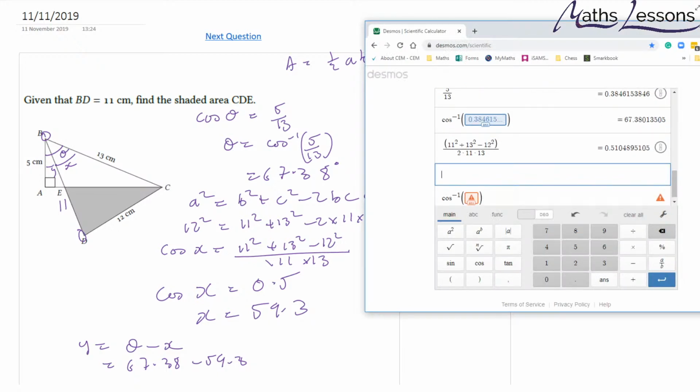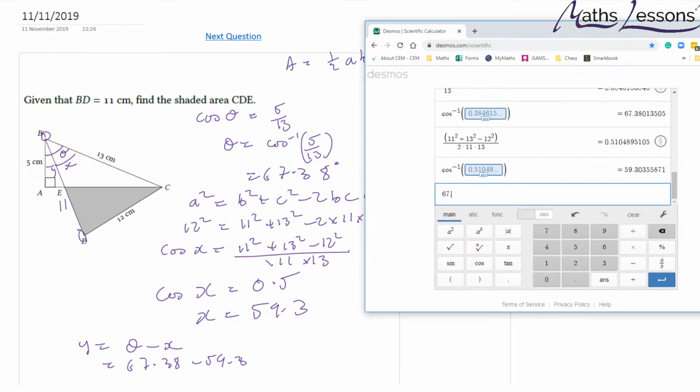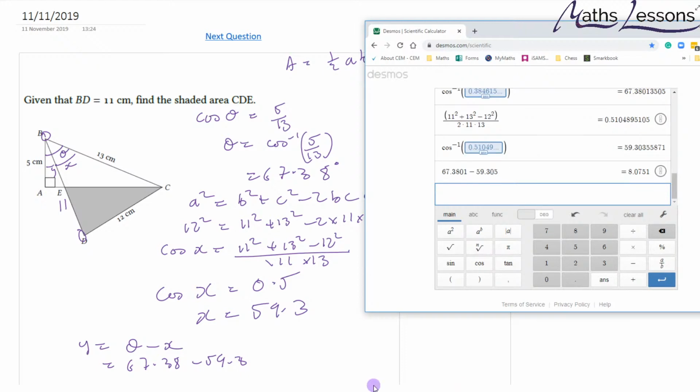So we're going to have 67 minus the exact value of x to get the answer. So what do we need? We got 8.0.